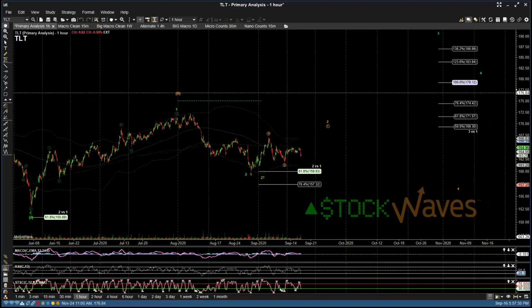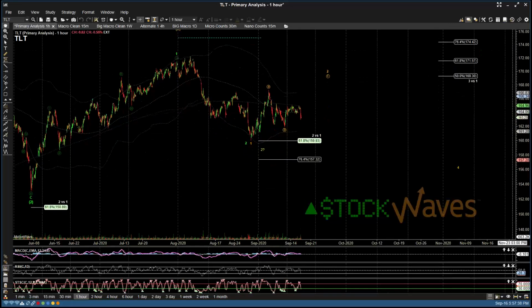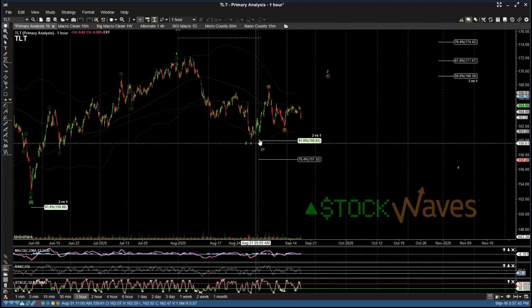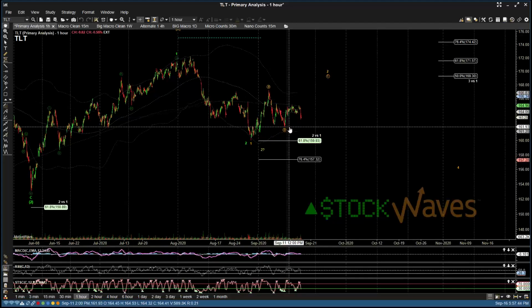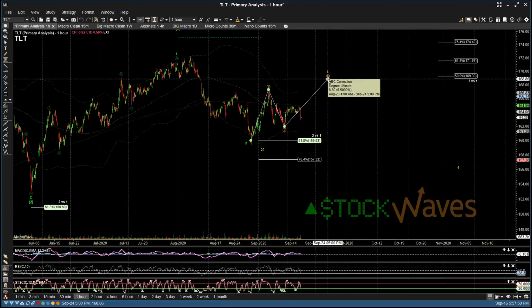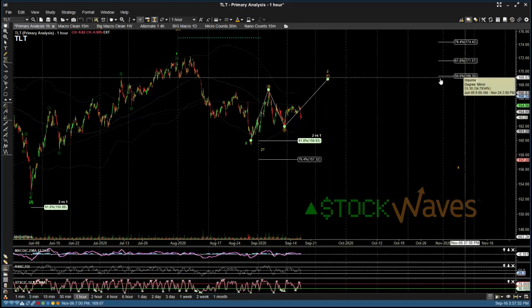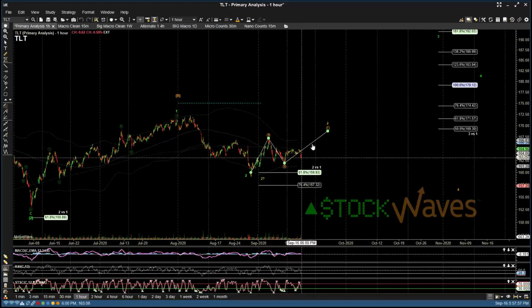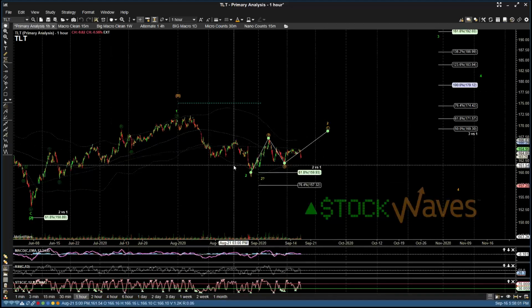And sometimes I'll want to zoom in even more and focus just on the price structure here to say, all right, as long as this low is holding, the 62 region, 61.89, then we have a possible 1-2 start here to a C wave of at least that wave 2, if not maybe something more bullish. So there's your good risk reward play on TLT, in terms of an ETF that is stuck in the middle between those 30-year and 10-year bonds.